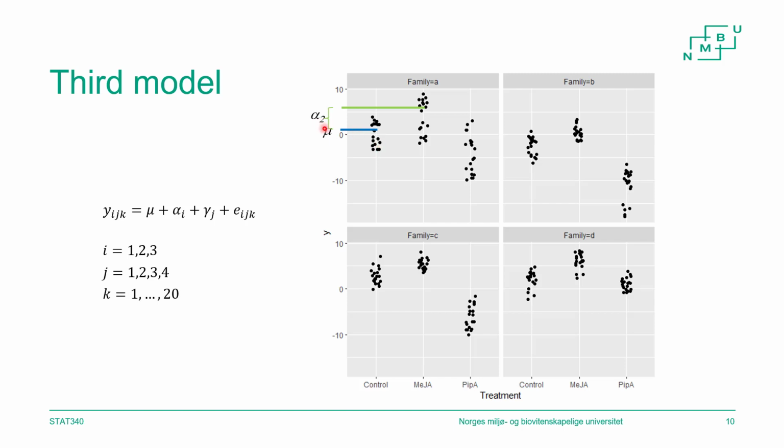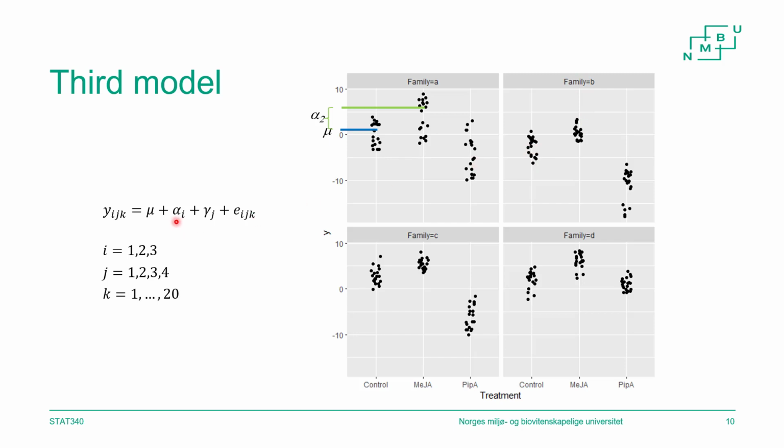And then we have alpha 2 as the effect of moving from the reference treatment, control, to some other treatment. Right? How much do the y values change here? But notice, this is not only based on the difference between this swarm and this swarm, because it's equally important, the difference between this swarm and this swarm, because this is also the shift of treatment, right? But it's for a different family.